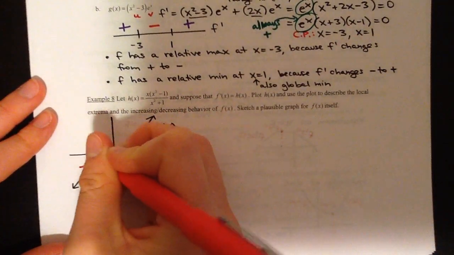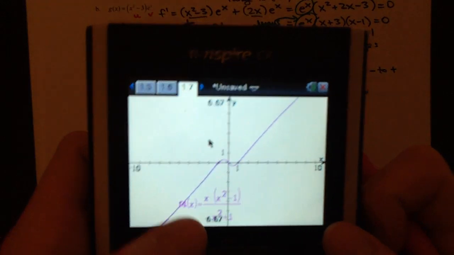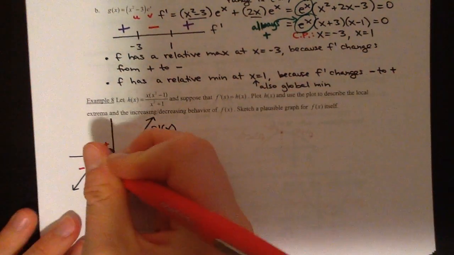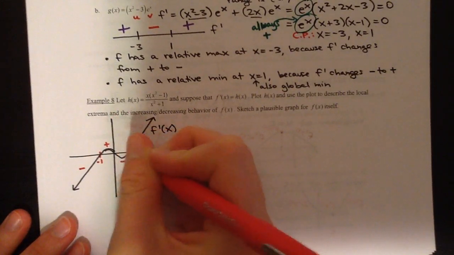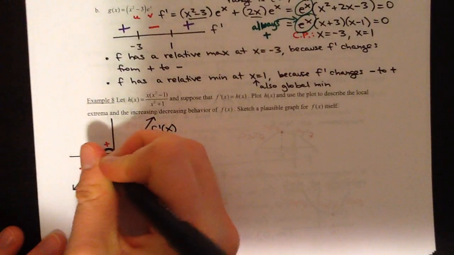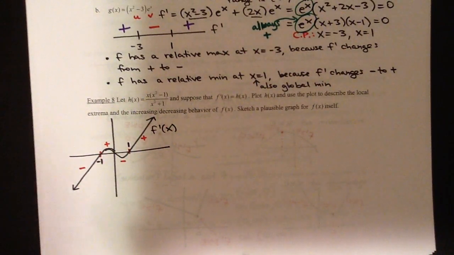If we look back at our graph, these values are -1, 0, and +1. Perfect little intercepts there. So this is -1, this right here is +1, and then of course right through the origin.